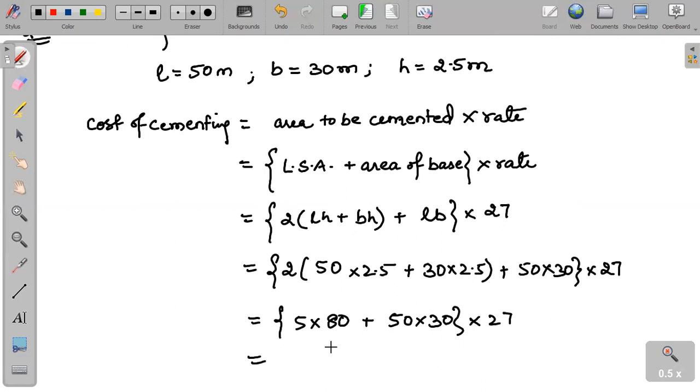This will make it 400 plus 1500, 1900 into 27, it will become 51300 rupees. 51300, okay.